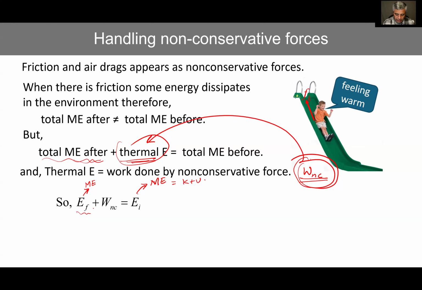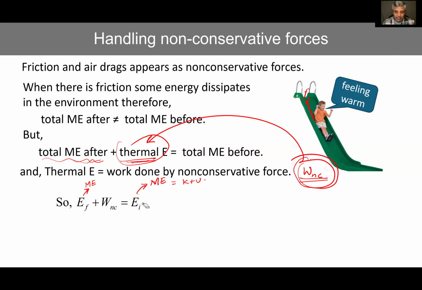So final mechanical energy plus thermal energy is equal to initial energy. Or you can also put this on this side, but in that case, you have to put a negative sign over there, because you need to subtract that much from initial to get final.